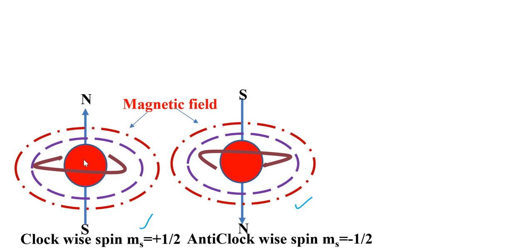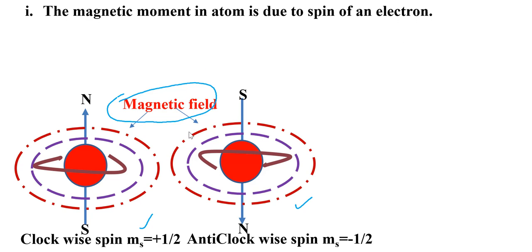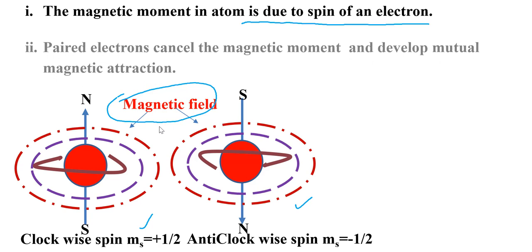This charged particle, while moving on its own axis, is generating a magnetic field. The magnetic moment in an atom is due to the spin of an electron. Because it spins and is a charged particle, it generates a magnetic field.